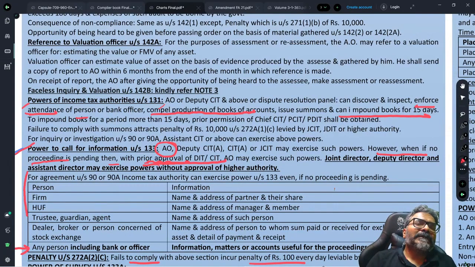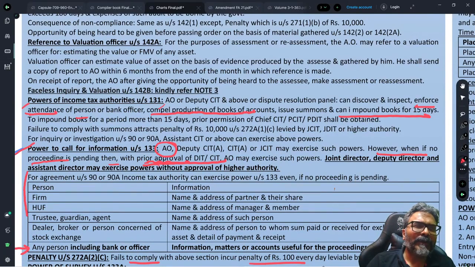Now, students, on this section, one question in the examination was targeted: whether under the provisions of section 131 you can seize or impound the assets of the SSE, such as stock in trade or any valuables. Can that be done? This was one of the questions of the examination, and the answer is obviously no. That cannot be impounded.